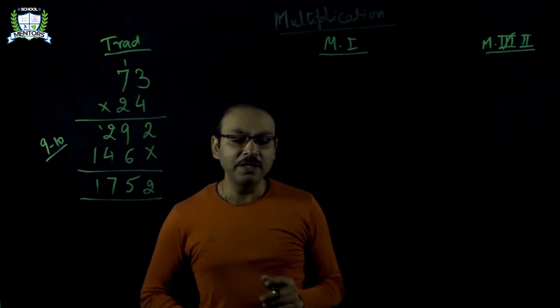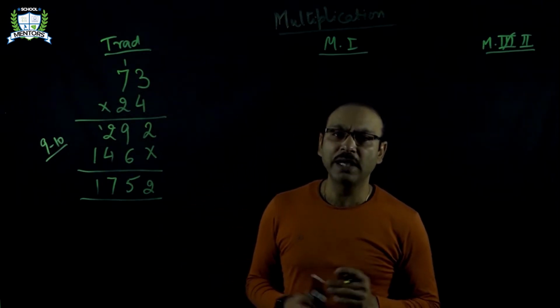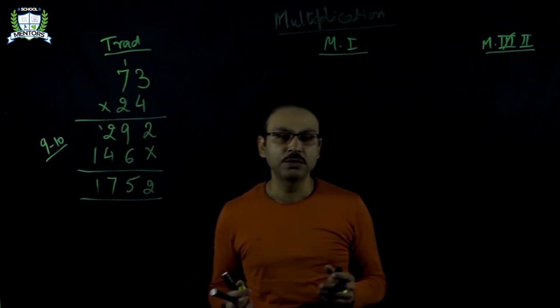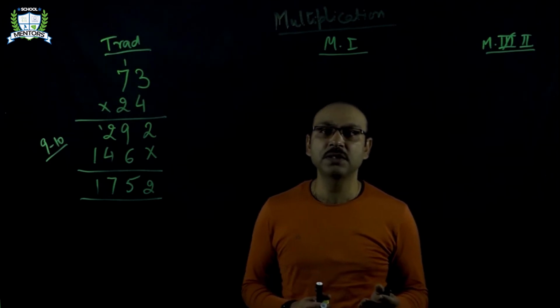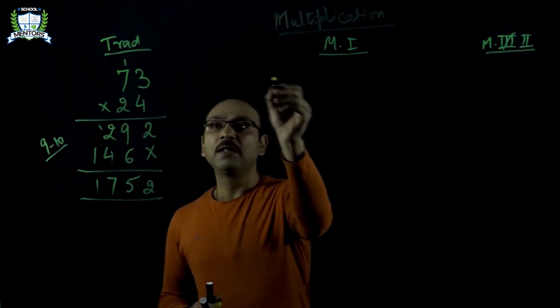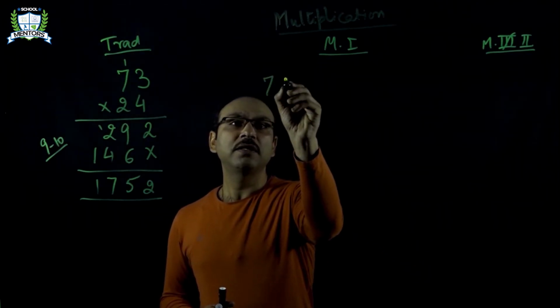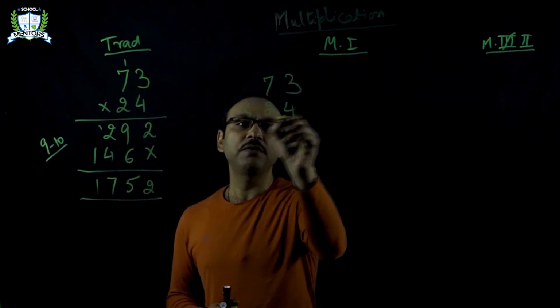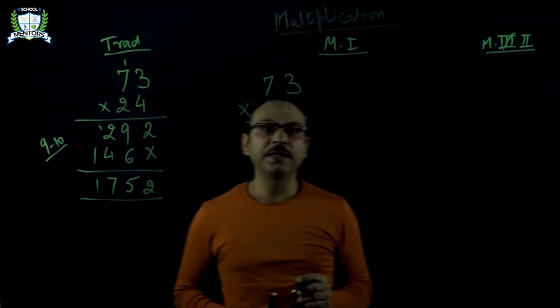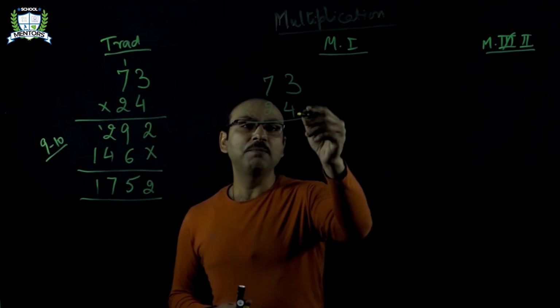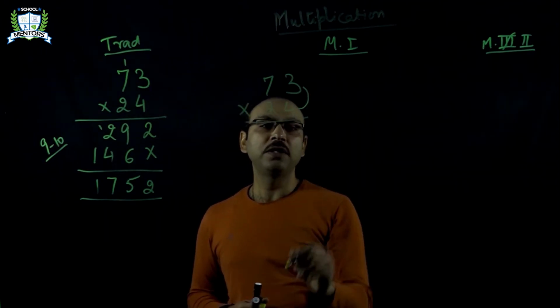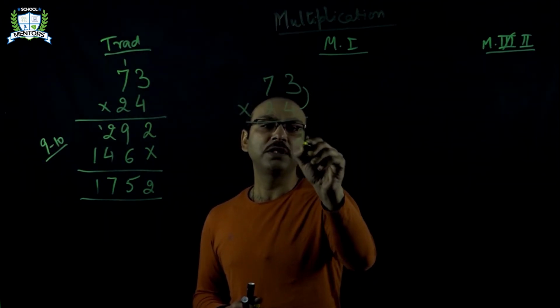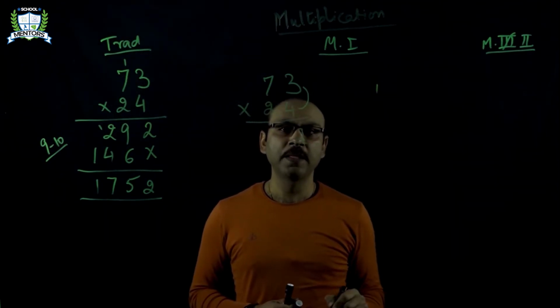So now talking about the Vedic mathematics part of it, and what has been taught to most of the students who go on to competitive examinations. Looking at that method, if we have to multiply the same 73 into 24, here we multiply first 4 and 3, which gives us 12, so we take 2 and carry forward 1.